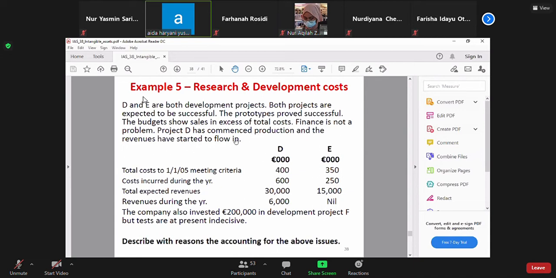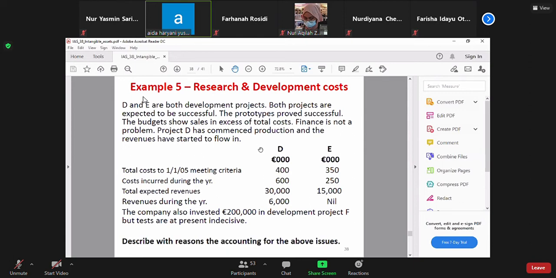Project D has commenced production and the revenue has started to flow in. Meaning this one has completed development. Already completed research and development. So it has started to flow.